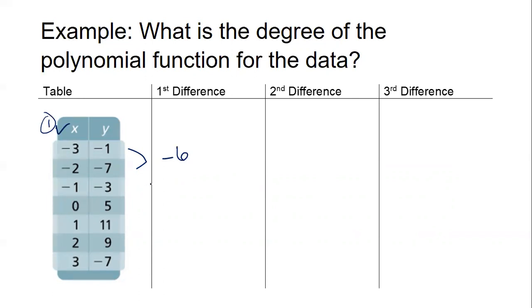Do we see that? All right, how did I go from -7 to -3? What did I do? I added 4.